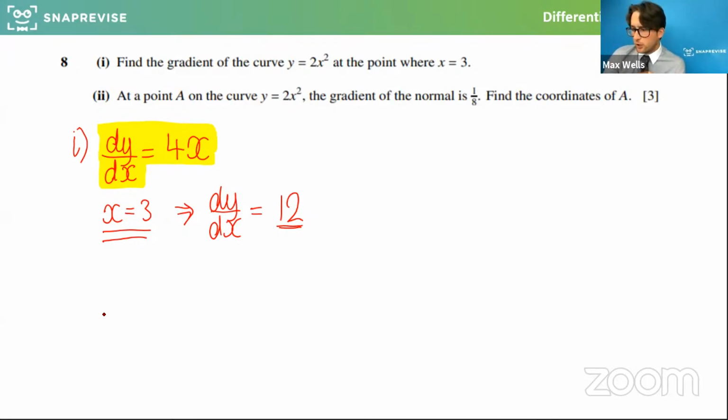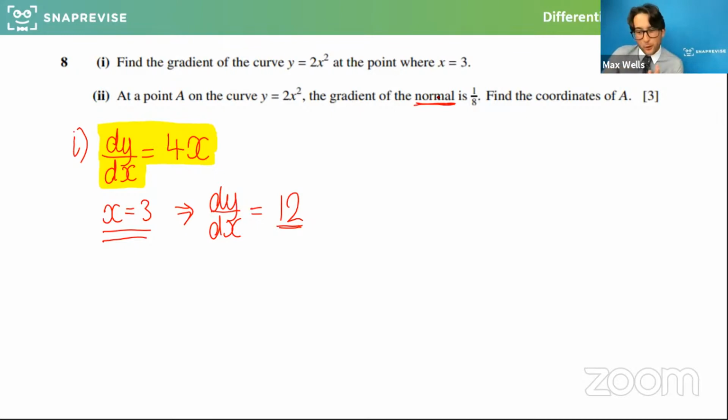So who can tell me what a normal is? So the normal line, you might have seen this in the earlier chapters, you might have met it before, the terminology, the normal. It is, yeah, very good.